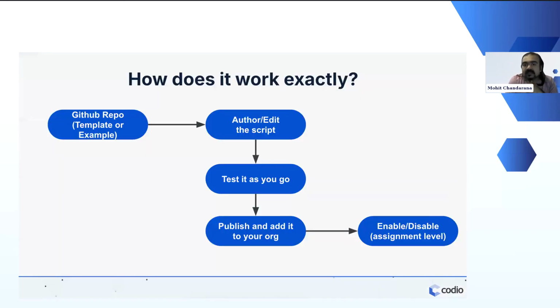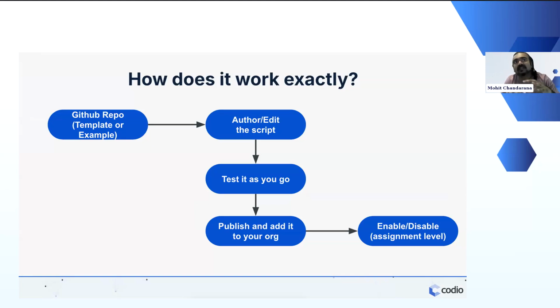And how does it work exactly? In order to have full control, it was important to make sure that each element is configurable. So basically how it would work is you would start with a template or an example from a GitHub repo. And we have these examples set up there, and I'll walk you right through them.